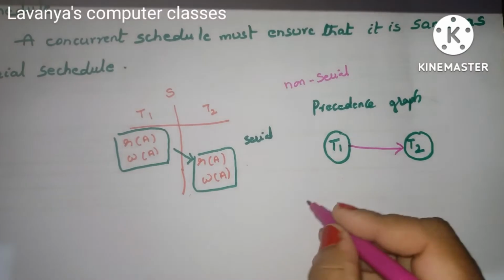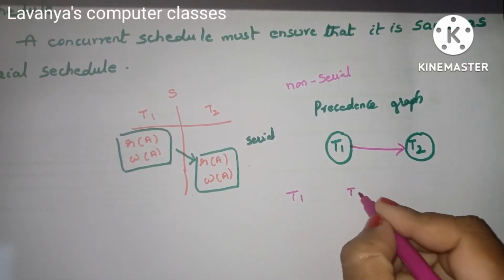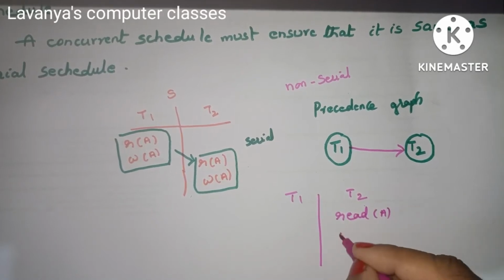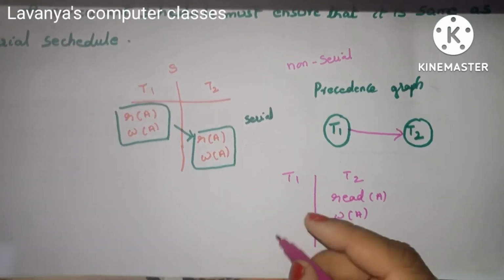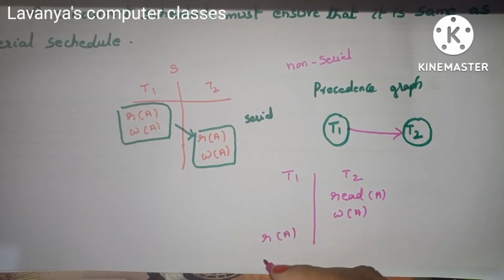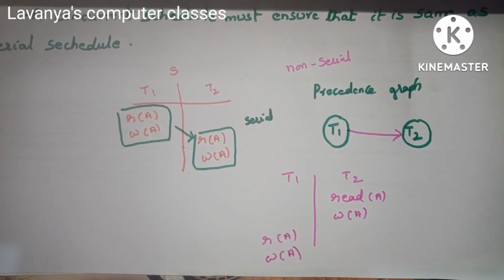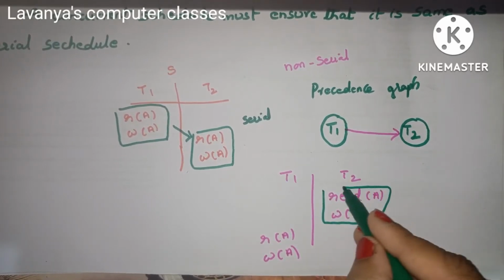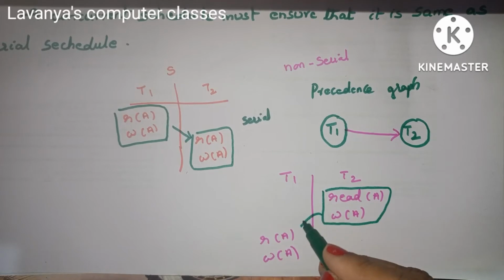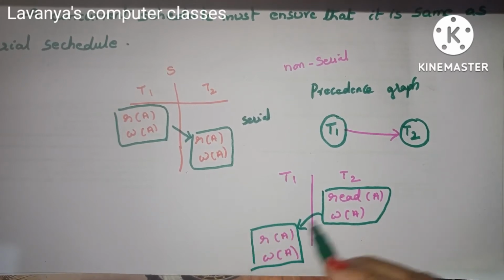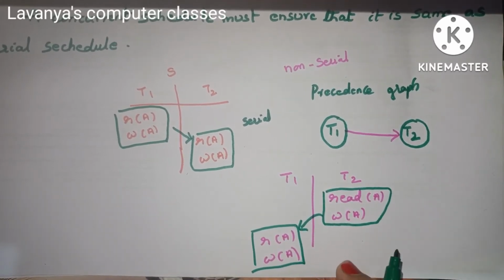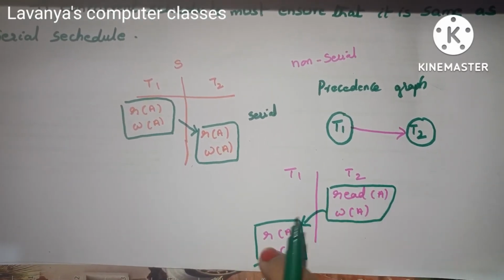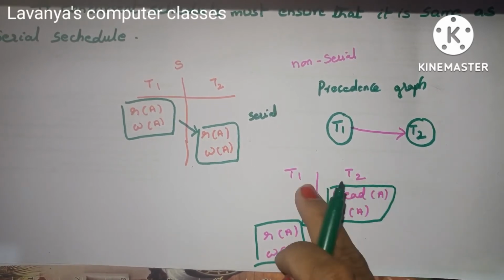Take another example: T1, T2, where first we write the read operation, write operation, then again read operation, write operation, but here we execute transaction T2 first, then transaction T1, one after another. So this is also an example of a serial schedule. For this example, we draw the precedence graph. How many nodes we require depends upon the transactions.